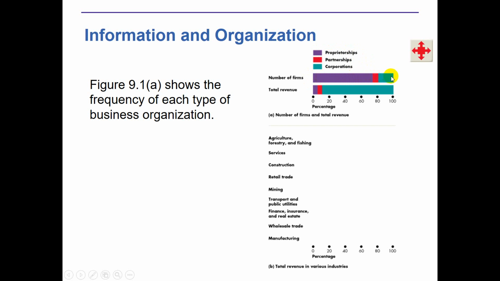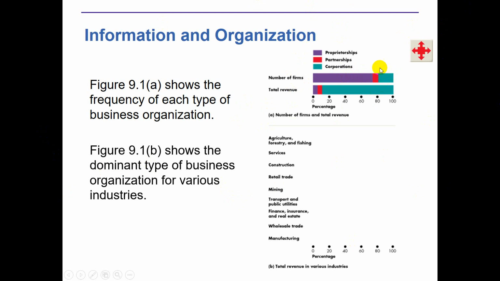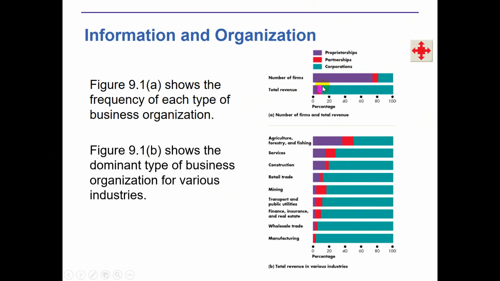If you count the corporations, they are quite fewer than proprietorships. But look at the distribution of total revenue. A major chunk of revenue goes to corporations and quite a meager amount to proprietorships.